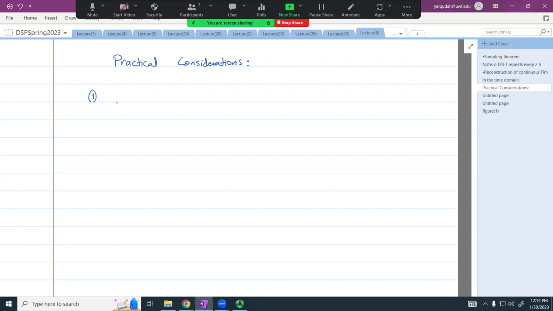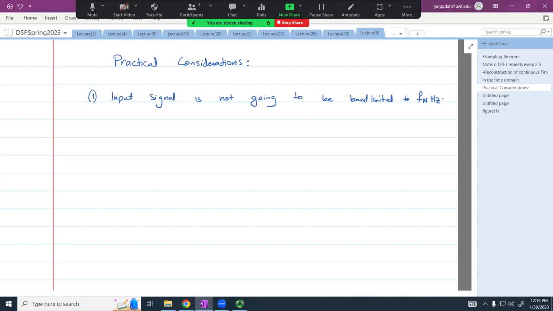However, in practice, the input signal is not going to be band limited to a frequency fM hertz. Why is it not going to be band limited to a frequency fM?